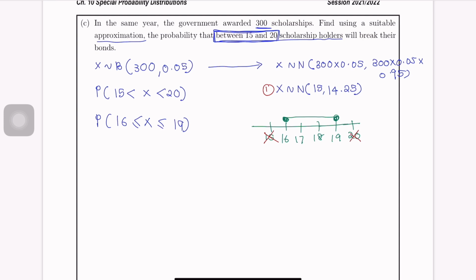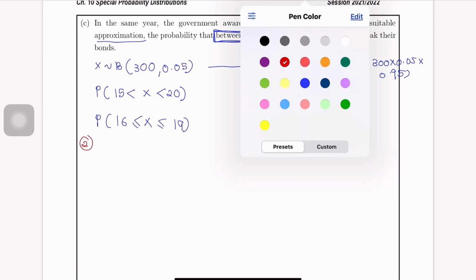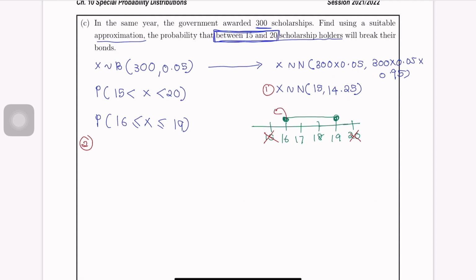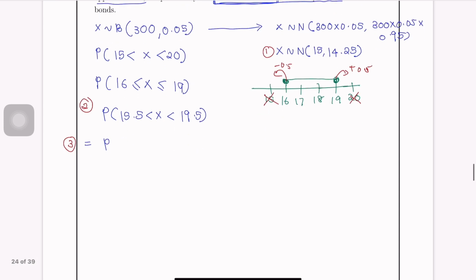Then the second step, use CC. If you want to do CC, again remember outside the line, so minus 0.5 here and plus 0.5 here. So when we do CC, we get x between 15.5 and 19.5. Then we standardize it, change it to Z, the third step.